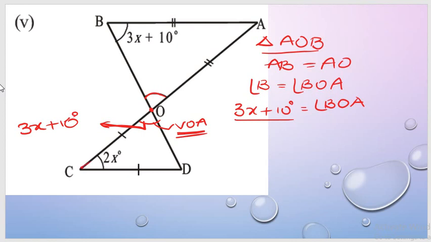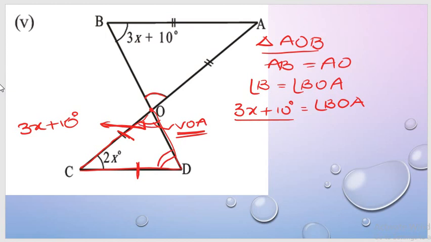Now if you observe triangle COD, right? What he has given is that these two sides are equal. When these two sides are equal, that means triangle COD is an isosceles triangle. In an isosceles triangle, these two angles are equal.